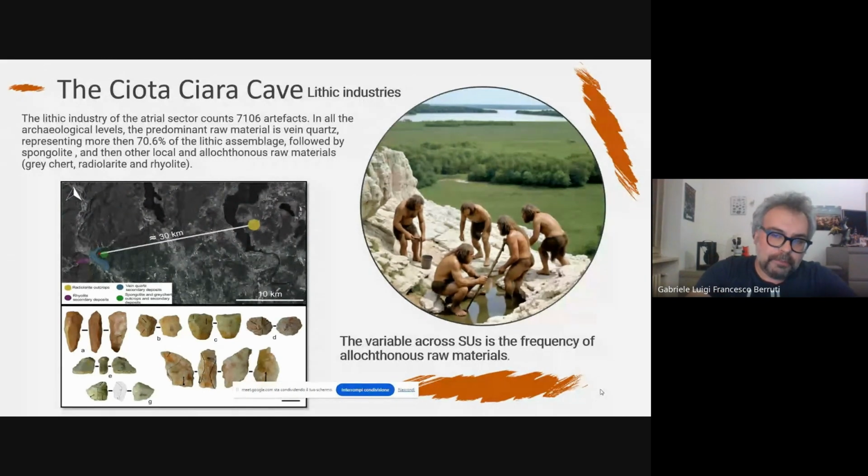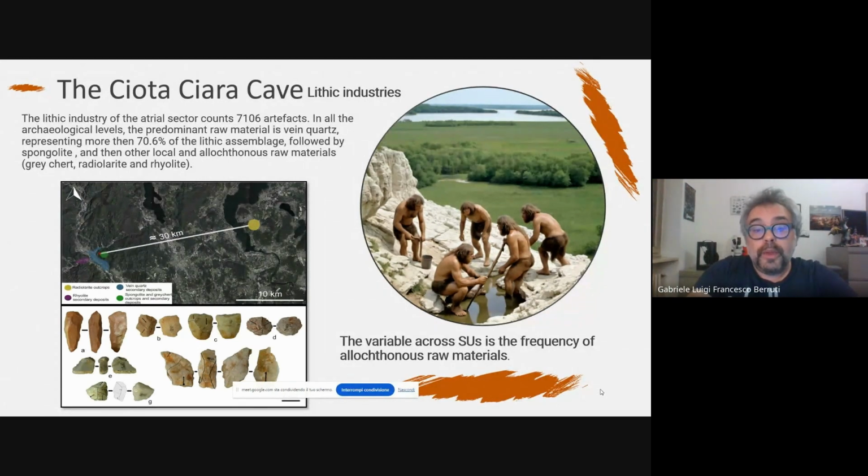This is very important because in all three stratigraphical units of the Ciota Ciara, we see more or less the same technological complex. They use the raw material in the same way: SSDA, Levallois, and discoid.